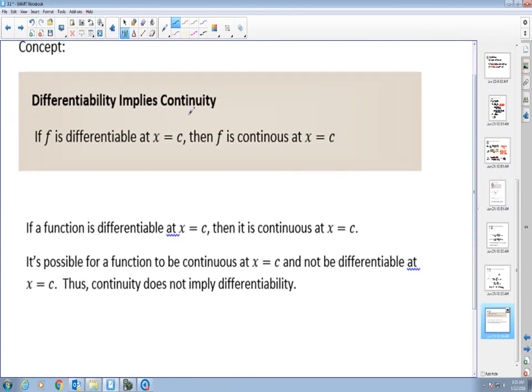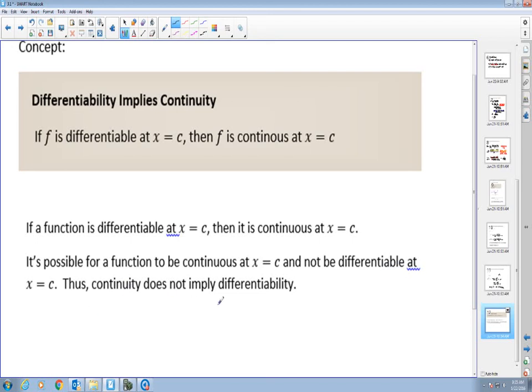Differentiability implies continuity. What it's saying is if the function is differentiable at a particular number, then the function will be continuous at that same number. But it is possible for a function to be continuous at that particular point, but not differentiable at that point.